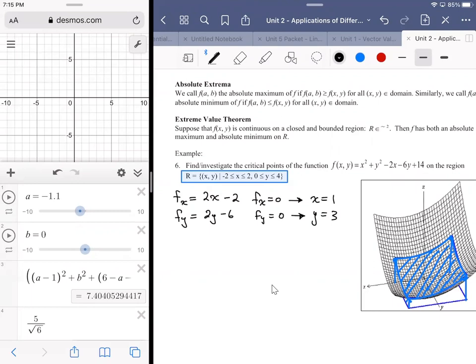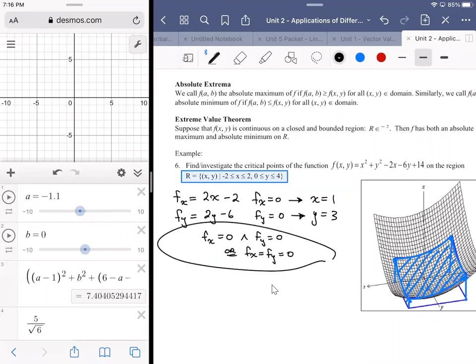All right. So we need it to be the case that f sub x is equal to 0 and f sub y is equal to 0, which is really the same as saying f sub x is equal to f sub y is equal to 0. Okay, these all mean the same thing.